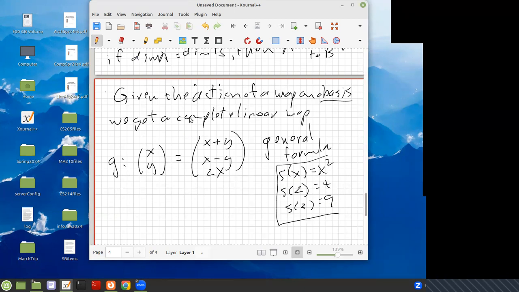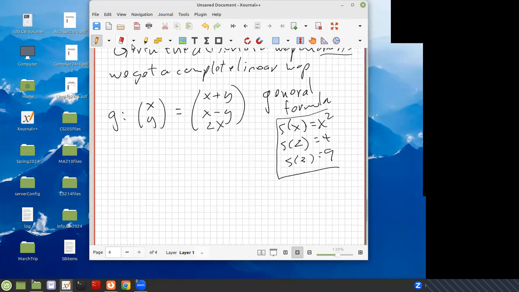That's what I mean by a general formula. So we could do the same thing here. What this formula means is, if I put in any vector here, this is what I get out. So let's try some examples. If I put in (1, 2), then I just plug in x is 1, y is 2, and get out 1 plus 2 is 3, 1 minus 2 is minus 1, and 2x is 2.